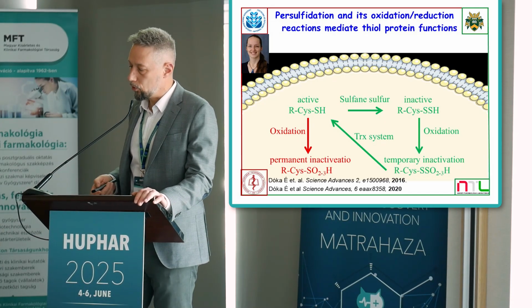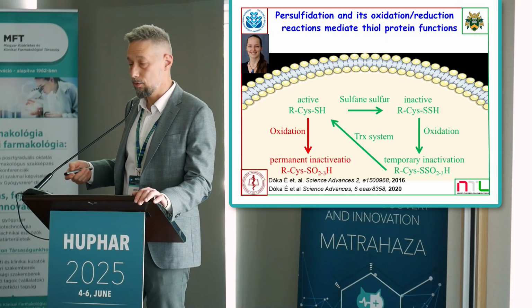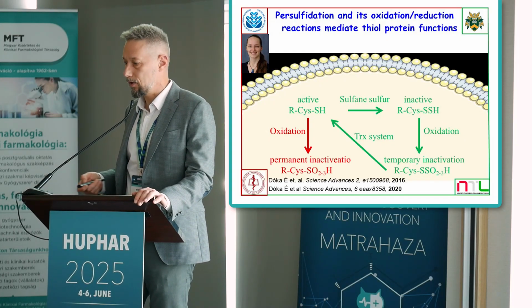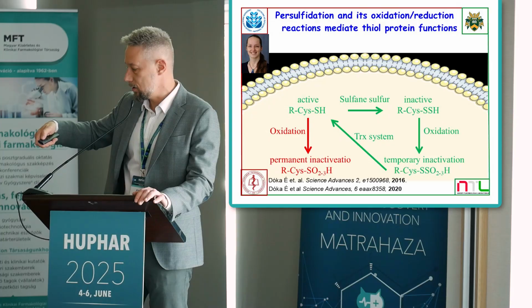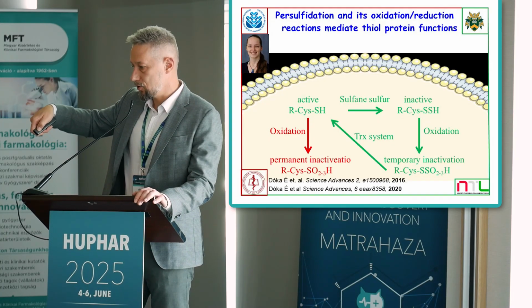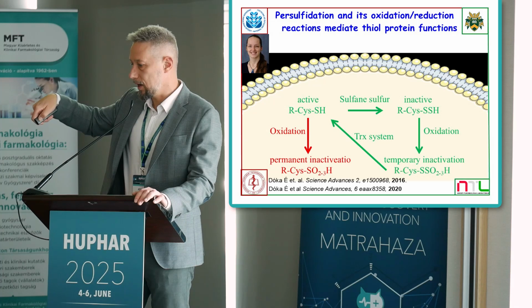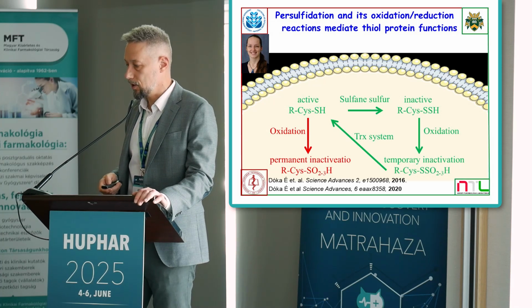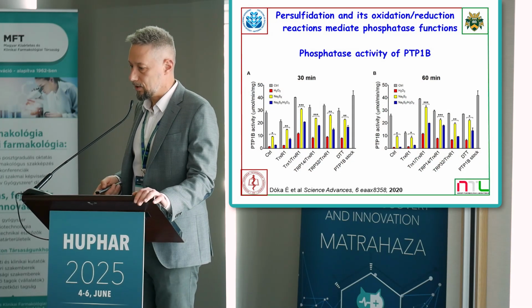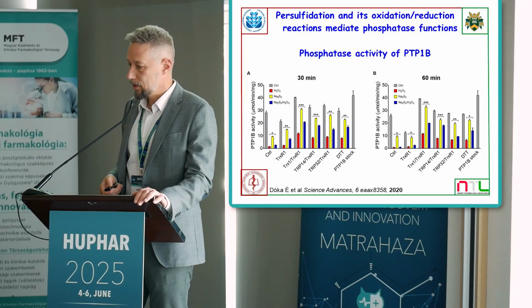This process not only protects cysteine thiols from oxidative stress, but they also regulate enzymatic functions. As you can see, you can have inactivation of these enzymes by inducing these dynamic post-translational modifications. And we demonstrated in different systems that it is indeed the case.